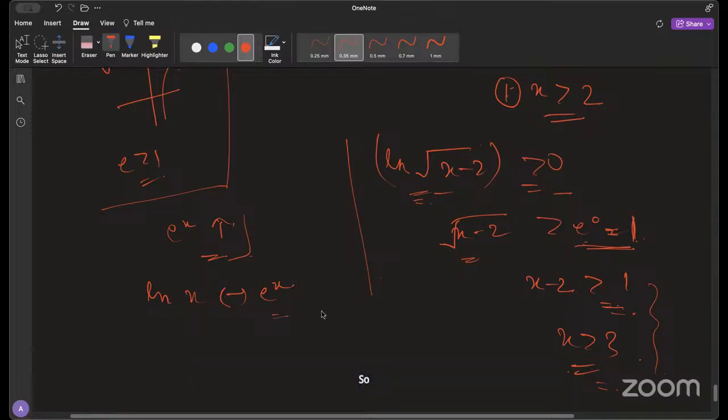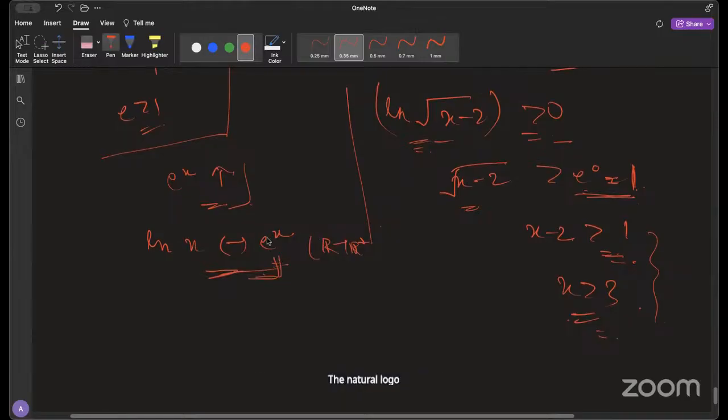The natural codomain of e to the power x is R plus. Don't confuse it with the example we did where we took it from R to R; that's not the natural codomain of e to the power x. We'll keep it from R to R plus only. So this is the inverse. I hope you're aware that natural log of x and e to the power x are inverses of each other.